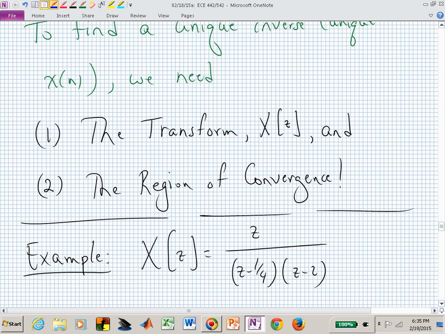Would it be bounded? No. Would the earlier example that we had, interior to 1/4, that non-causal one, would that be bounded? Bounded or unbounded? Bounded is up, unbounded is down.